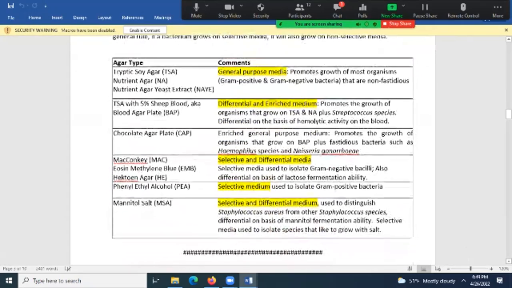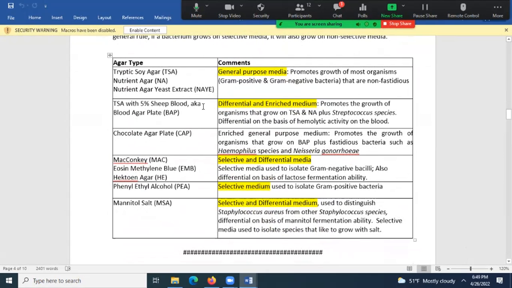All right, this table is showing you the different types of media, a general purpose media, giving you 3 types, which these 3 should be familiar to you. The enriched media, which would be blood agar plates or BAP, and that's TSA with 5% sheep's red blood cells.